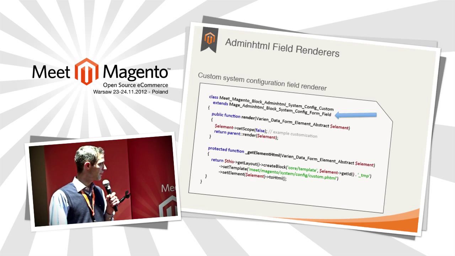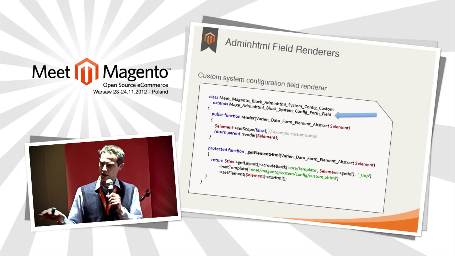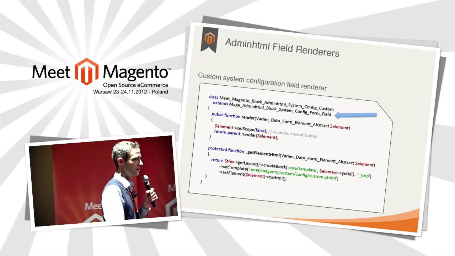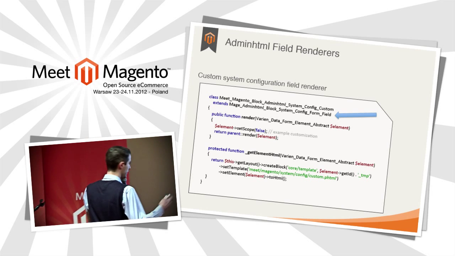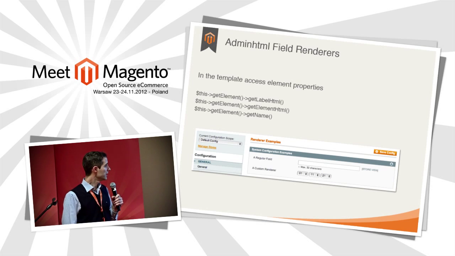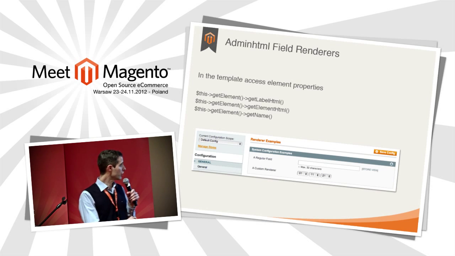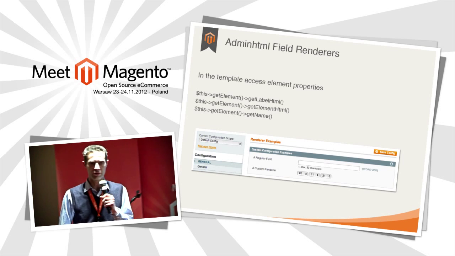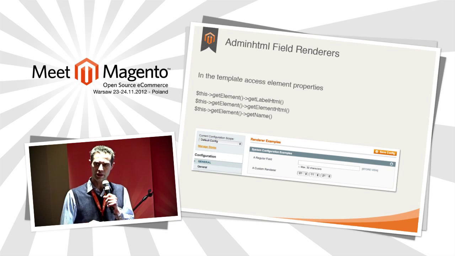And get element HTML is whatever returns the real element there. With that, you're free to do whatever you want: custom templates, interactive Ajax buttons, whatever. It's very simple to implement. Inside of the template, you can always get the element using get element and create it from there. So the element is set on the renderer instance.